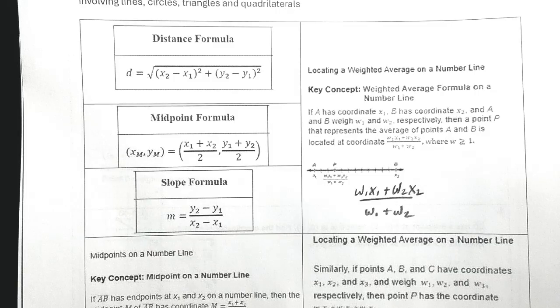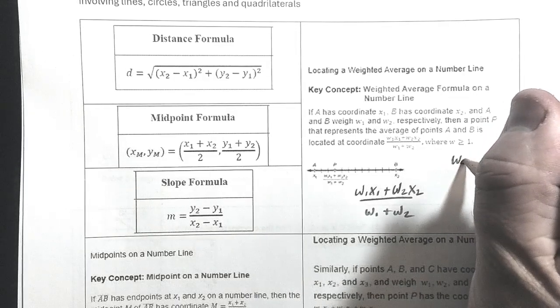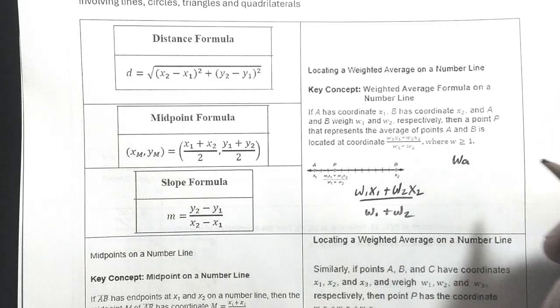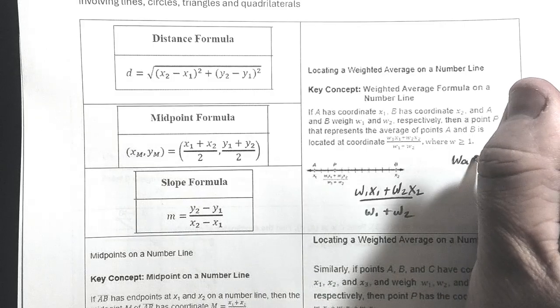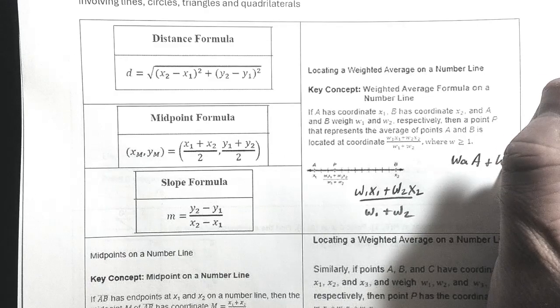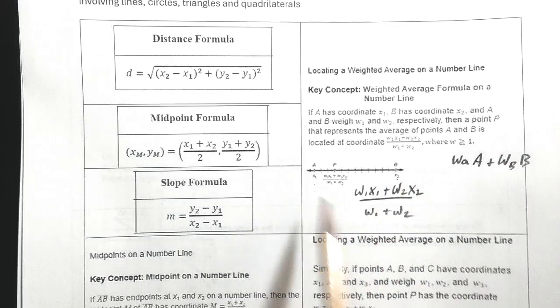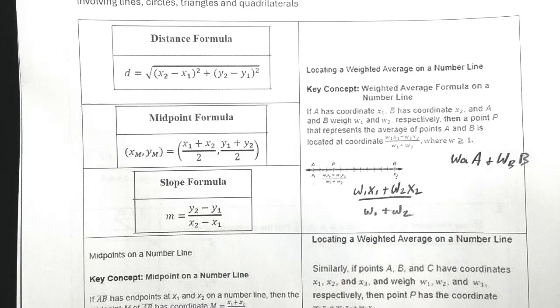Something I've noticed is that you could also make this weight A, and then you just have point A, and then weight for B, and then just point B, because it shows you there x sub 1, x sub 2. Just something to think about.